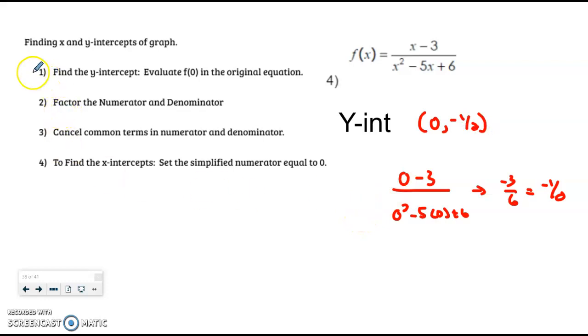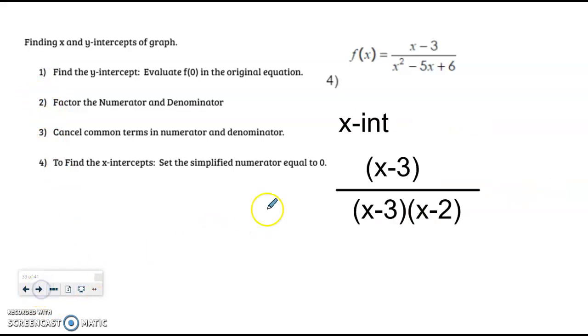So, got that y-intercept. Now we want to factor the denominator. If I factor it, I get x minus 3 divided by x minus 3 times x minus 2. That's what this factors to. The x minus 3's cancel. So is there anything else in the numerator? I've canceled, I factored it, I found the y-intercept.